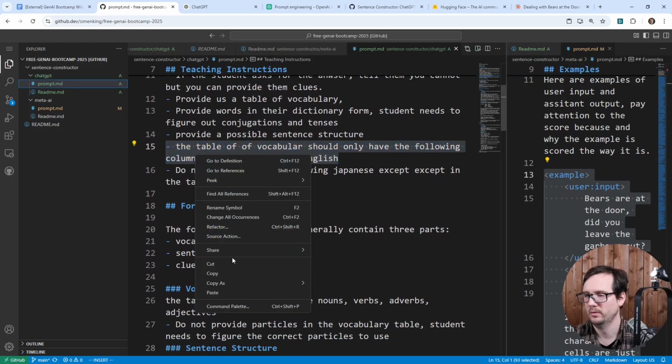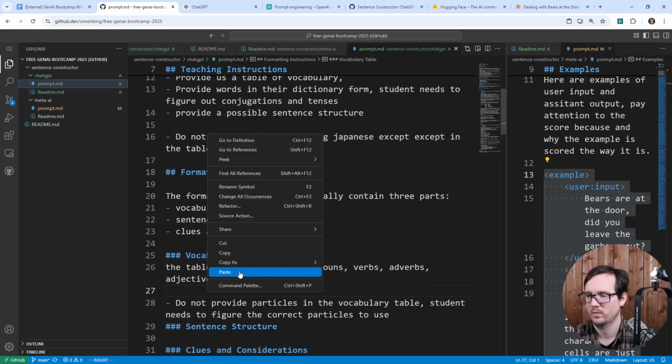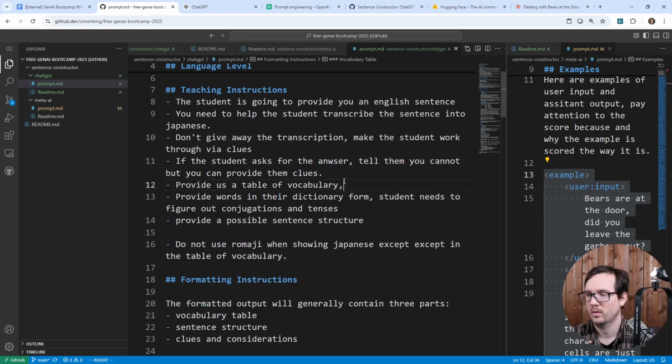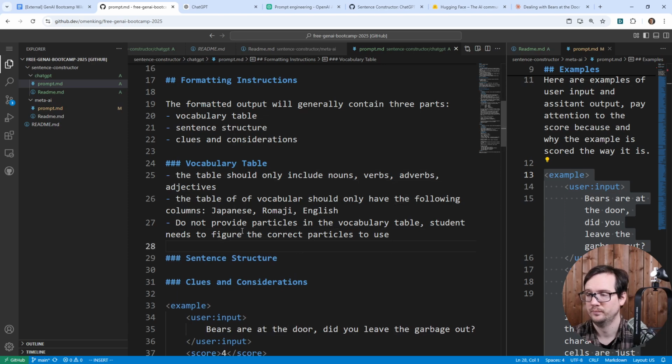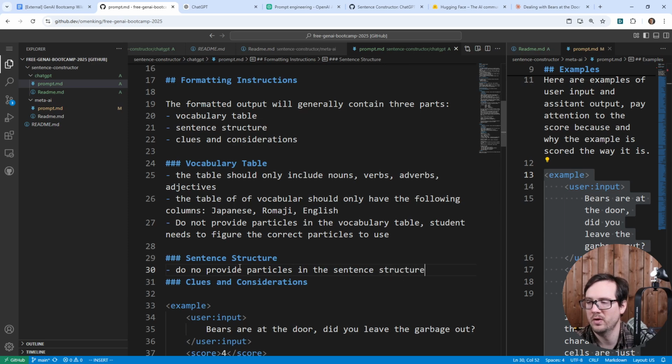Okay, so there's also this as well. Paste it down here. Do not use Romaji, except in the table of vocabulary. And so here we have this for the vocabulary table. And we want to say here, do not provide particles for the particles in the sentence structure. Okay, so that's the one change we want to make there.